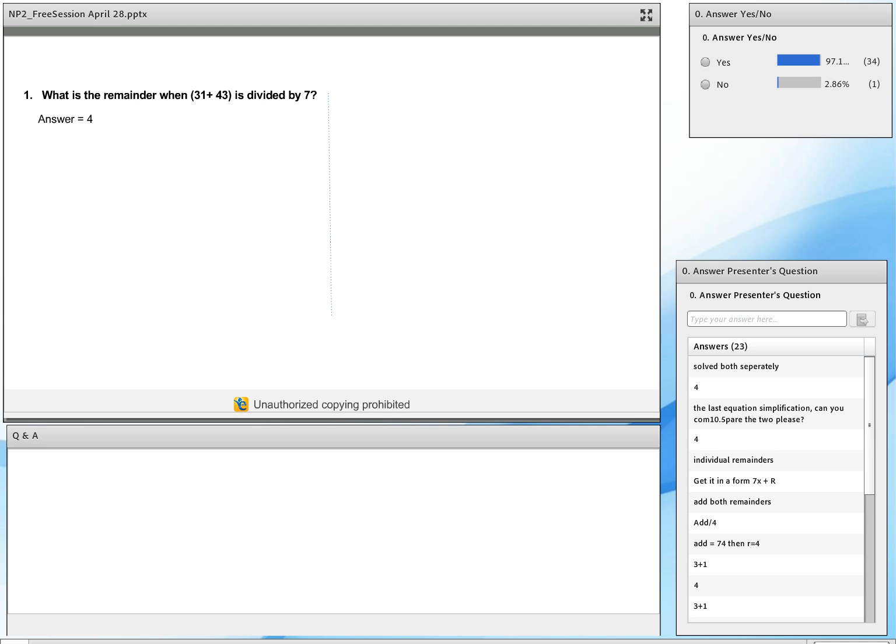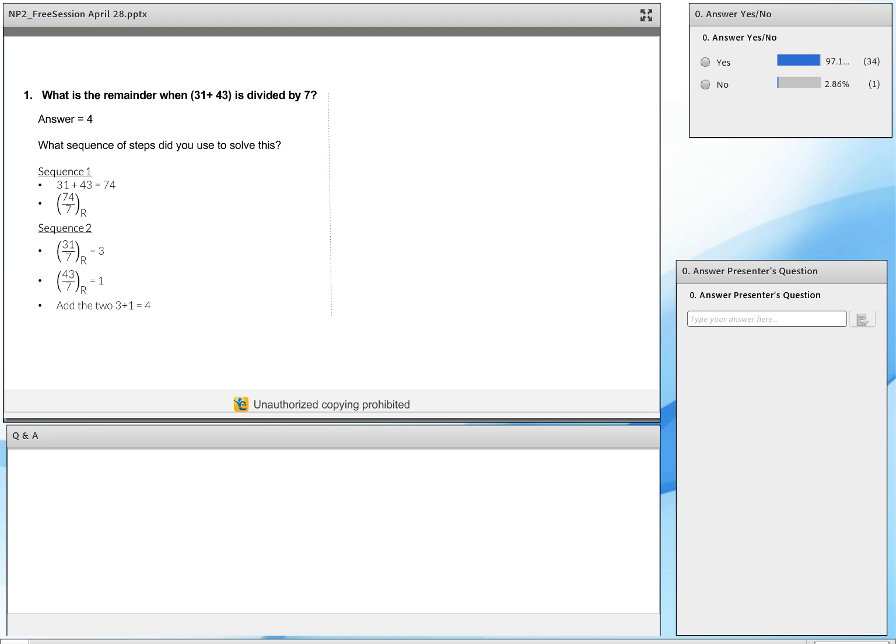So again, there are two ways in which you could have gone about solving this. You could have either taken up sequence 1, which is simply add the terms and then divide the sum by 7, or you could have taken individual terms. So divide 31 by 7, get the remainder, divide 43 by 7, get the remainder, and add the two remainders. Okay, so either of the two sequences would have worked.